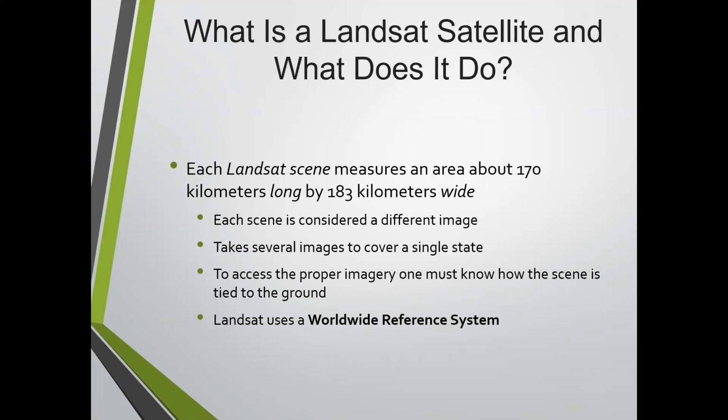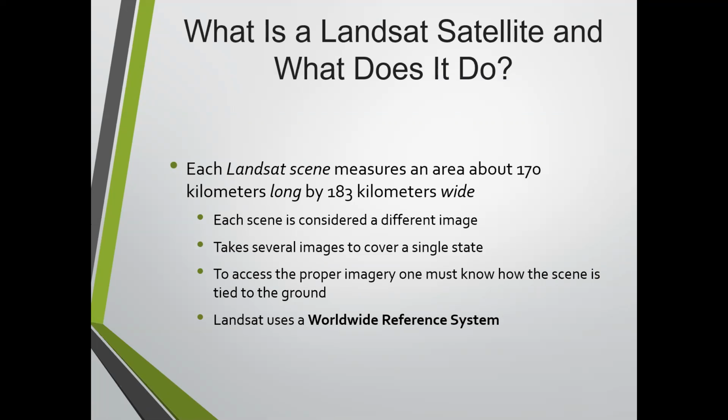The 183 kilometers would be east to west, by 170 long, which would be north to south, so they're not quite a rectangle. Each scene is considered a different image, so it's typically going to take several images to cover a single state or location. For instance, for a state like Ohio, it's going to take several of these scenes to get the whole thing.